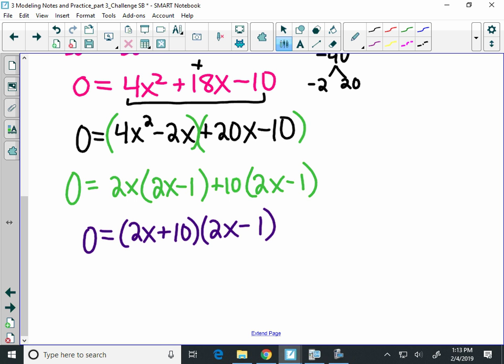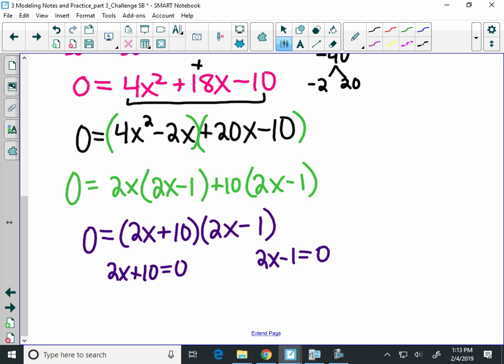How do I find the solutions, the possibilities for x, the width of the border? Use the zero products law, which means I set each of these equal to 0. So I take 2x plus 10 equals 0, and 2x minus 1 equals 0.